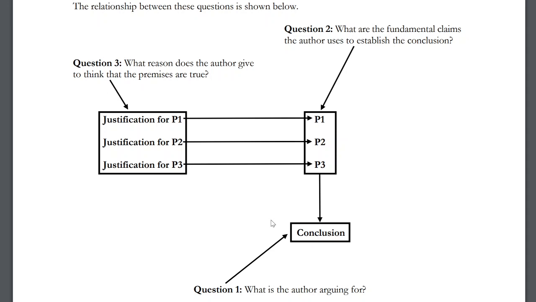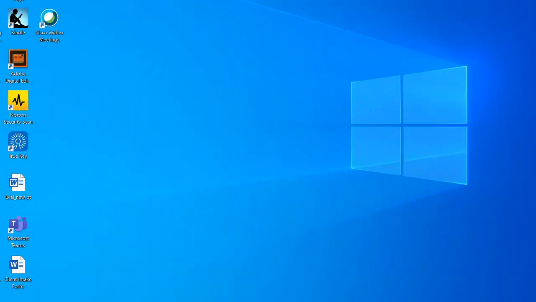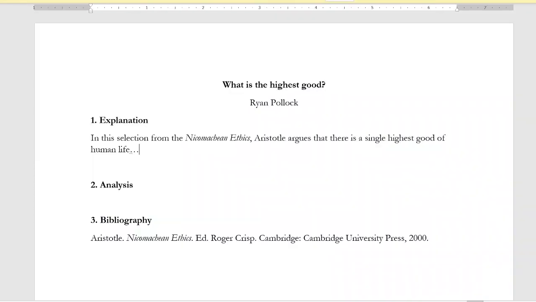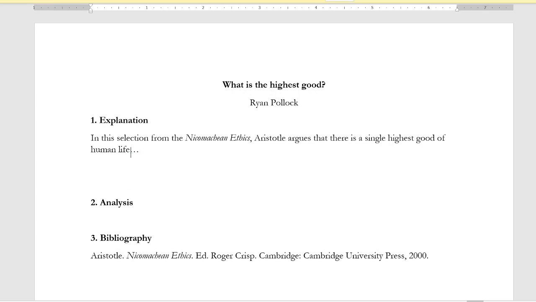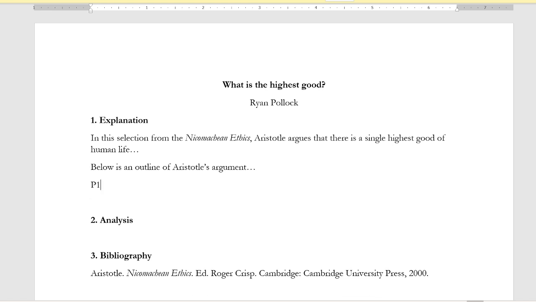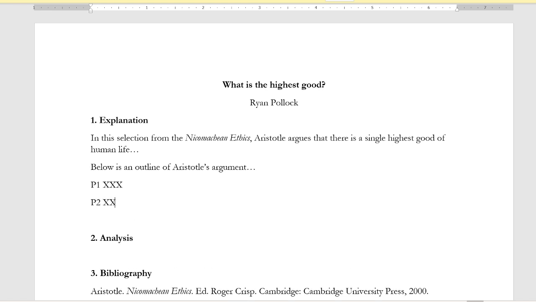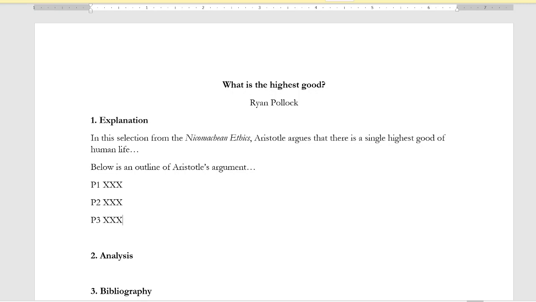First, as you know, in many of our lessons, I outline arguments in standard form, where I'll say P1, P2, P3, conclusion, for instance. And so students will ask me, well, do I need to do that in this paper? For instance, after I've said this is the conclusion, do I need to say something like, below is an outline of Aristotle's argument, and then say P1 and fill that out with whatever it is, P2, fill that out, P3, and conclusion?